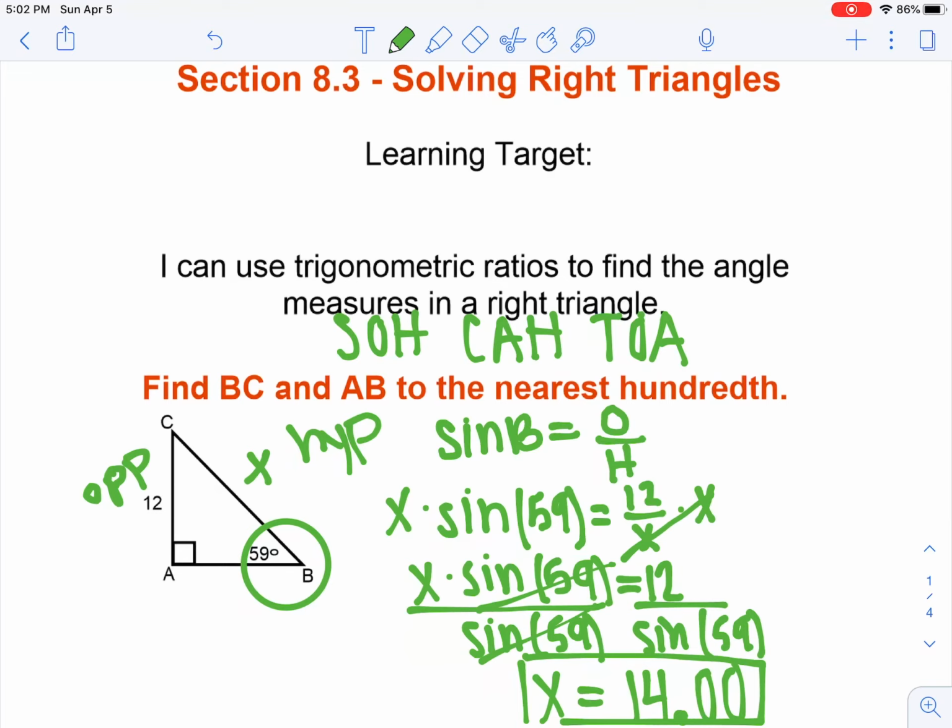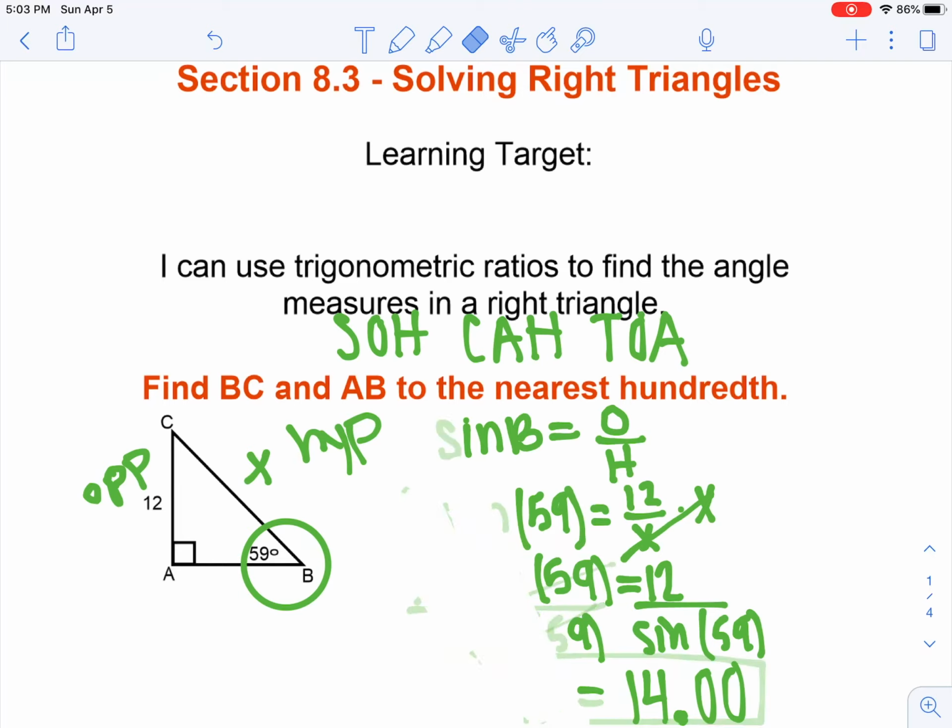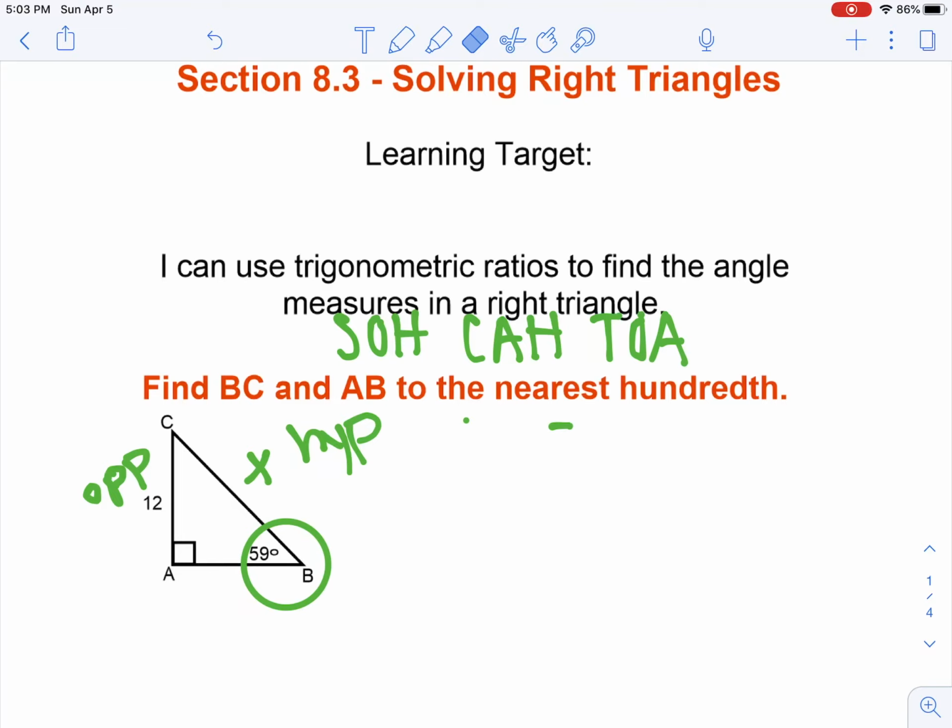Okay, next up, we need to find AB. I'm going to go ahead and erase this, but it will be included on our completed notes. Okay, so if we're going to find AB, I'm going to let AB be Y, since we already used X to represent BC. In this case, we're still given that same acute angle, so 12 would still be our opposite side, but now we're not working with our hypotenuse anymore.